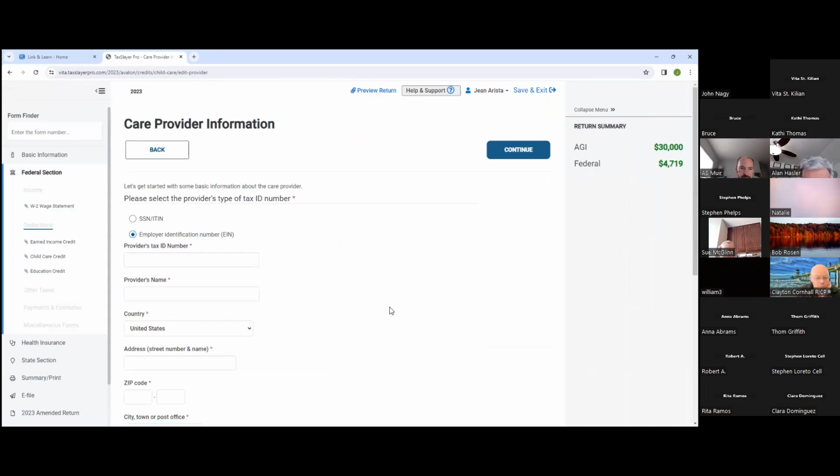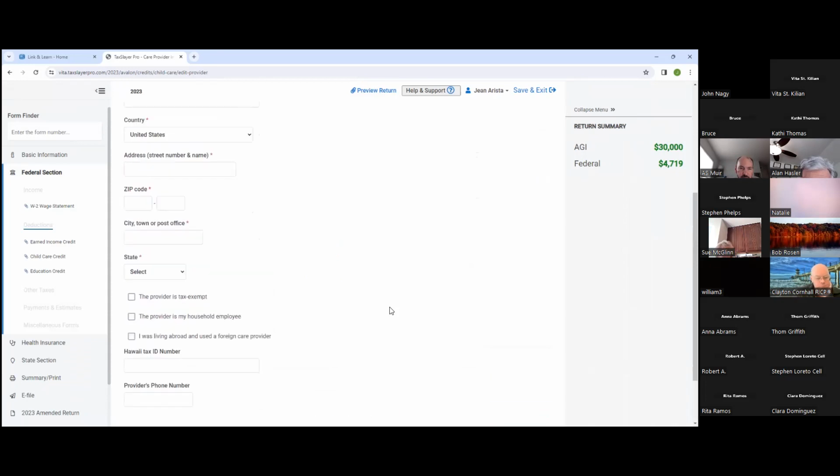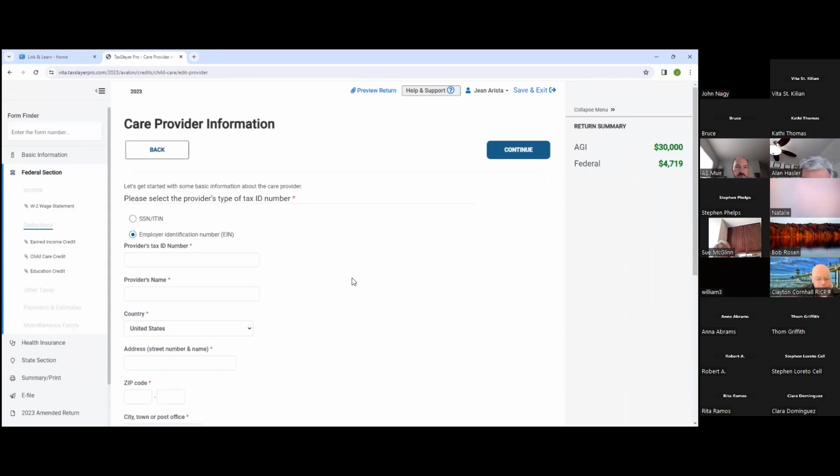And let's see here. Okay, so none of these entries are here. So what we'll do is we'll make some entries. We'll follow the prompts. So we have an EIN, and the EIN for her Toddler Time is 33-6543211. And that's Toddler Time.